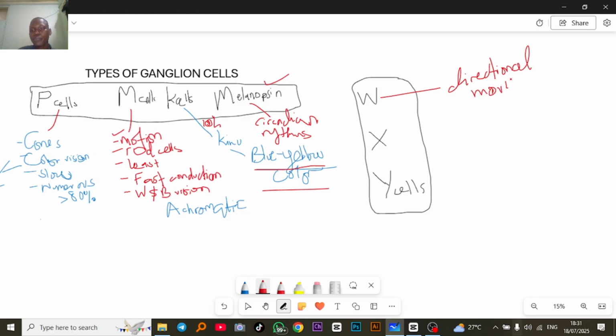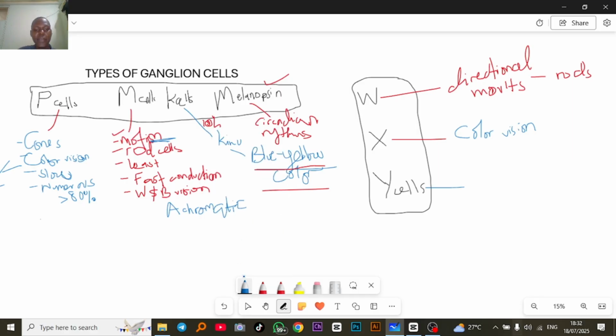Then X cells, of course, directional movements, you can also tell that it's about rods, as we have seen before. Then X cells, these are for color vision and fine details.